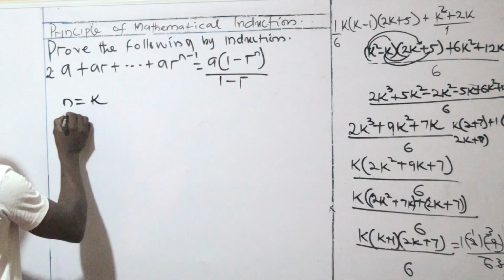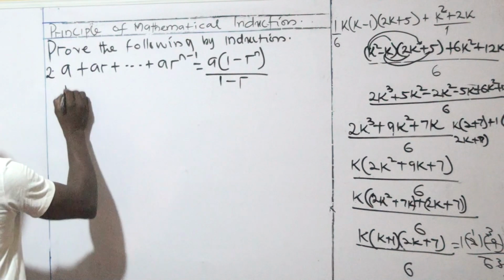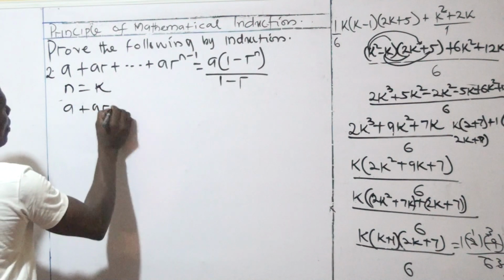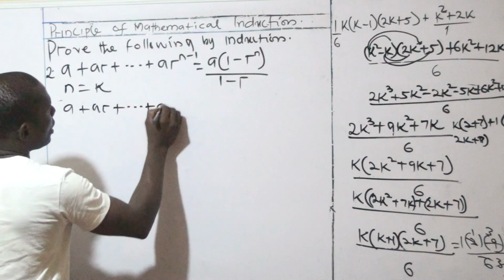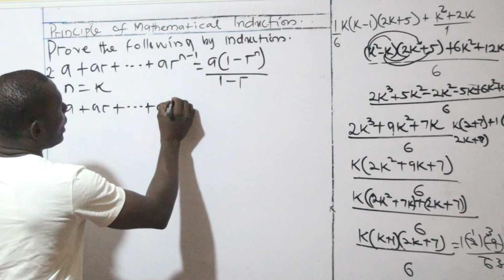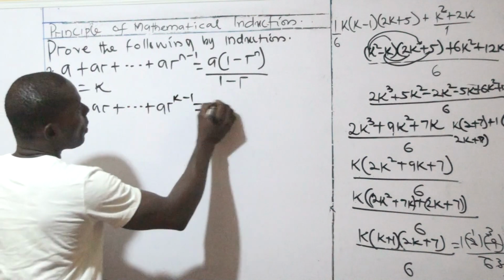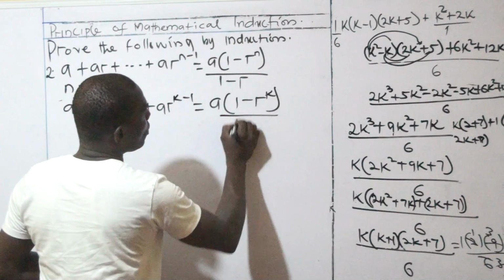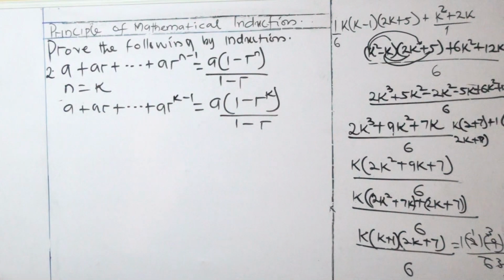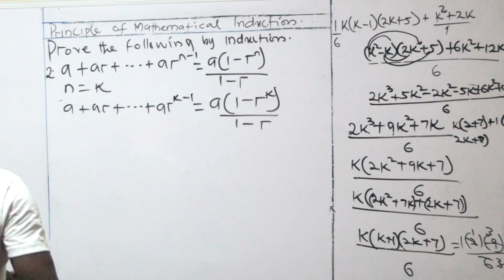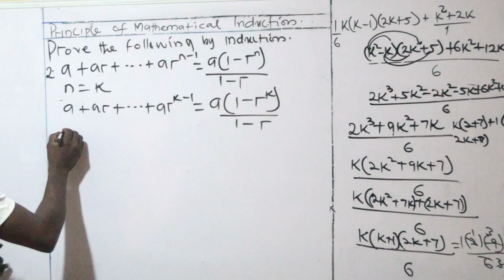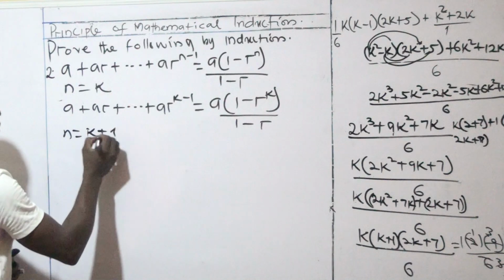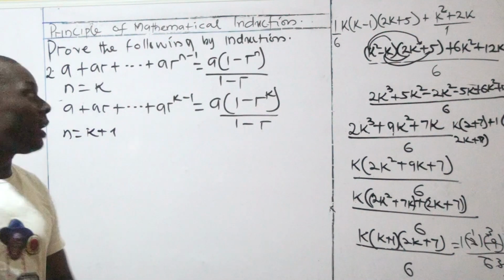If we do that, n is equal to k, so we have a plus ar plus ar^2 up to ar^(k-1) is equal to a(1 - r^k) over 1 - r. Okay, we are able to establish that. Now that we have done that, the next step is to say we are looking for n is equal to k plus 1. That's what we will now establish.